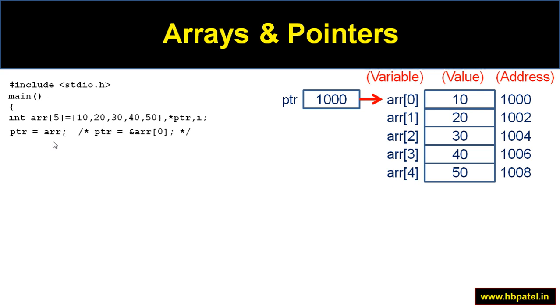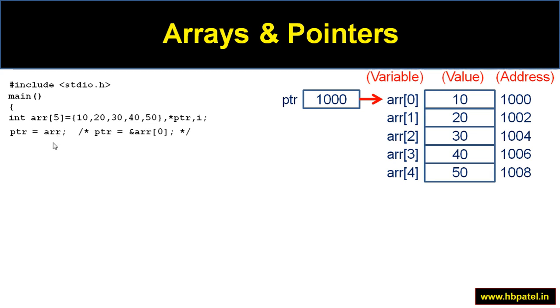When you refer to an array by its name without an index, that is the address of the entire array. I repeat, when you refer to an array by its name without any index, without the square brackets, then ARR, the name of the array, indicates the address of the entire array.